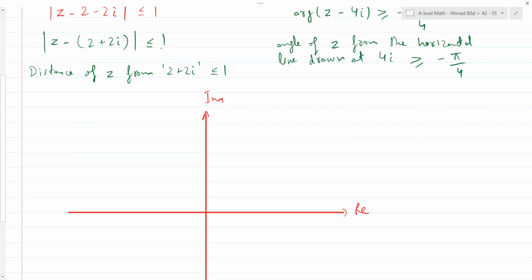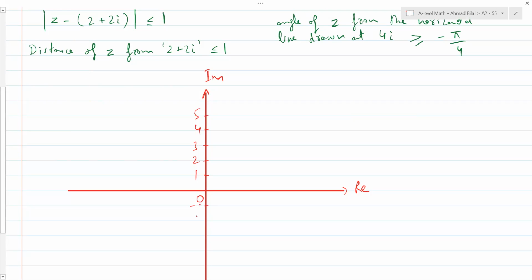One is 2 plus 2i, and the other is 4i. Let's mark these points first. 0, 1, 2, 3, 4, 5, and minus 1 and so on. On the other side, we've got 1, 2, 3, 4, minus 1, minus 2.